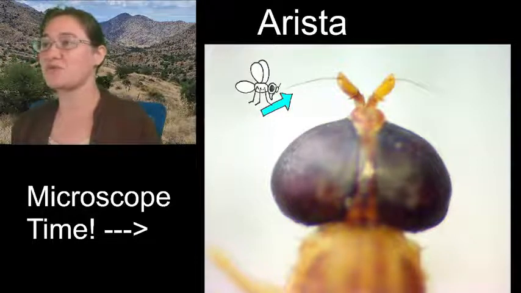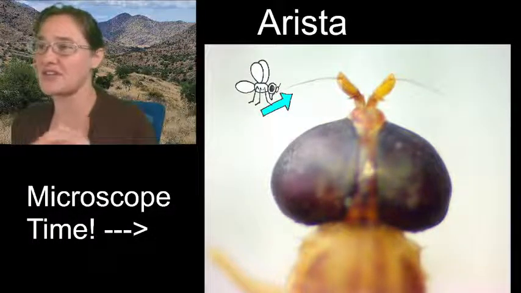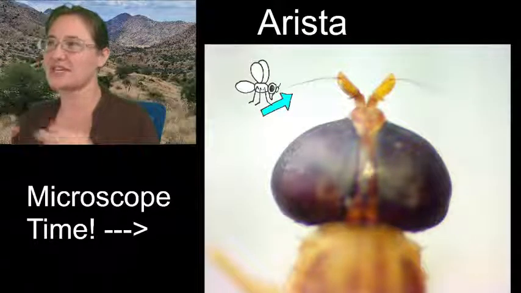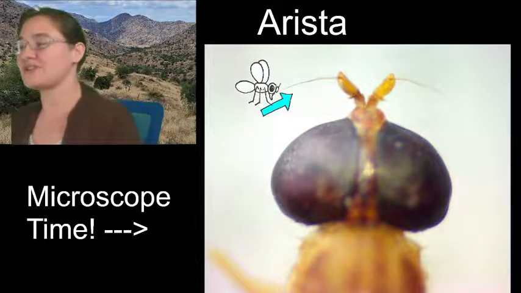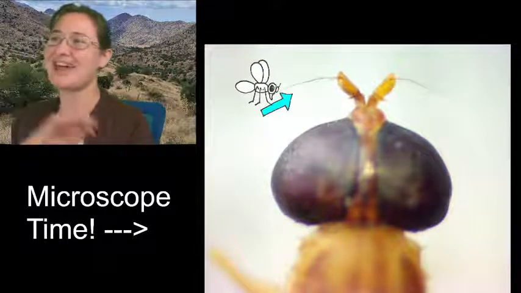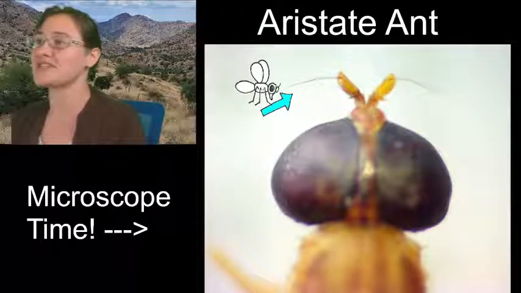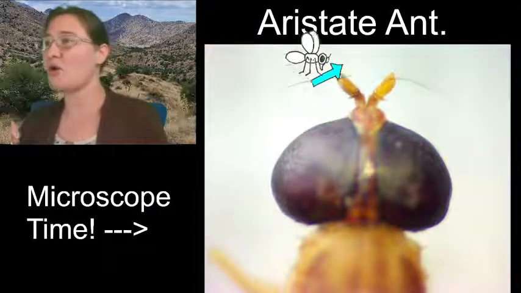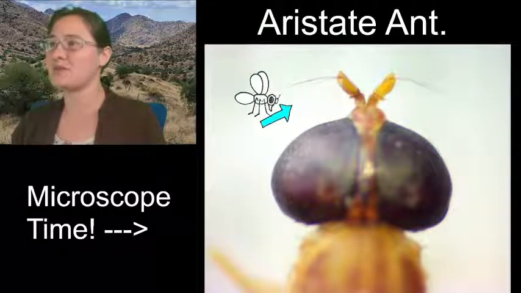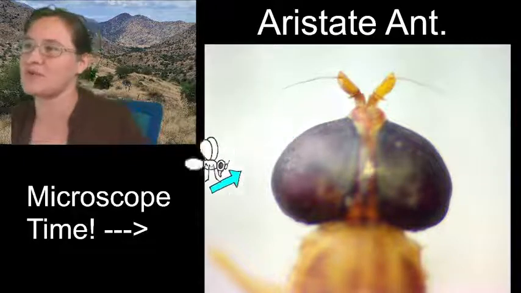Flies have this very specialized type of antenna where they've got this kind of wide, sausage-like antenna with a really long hair on the end of it. So the hair's name is the arista, but if you're talking about the entire antennal type, we call this the aristate antenna, and there are lots of flies that have this form of antenna.